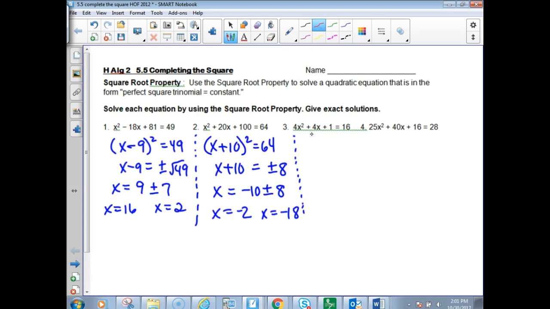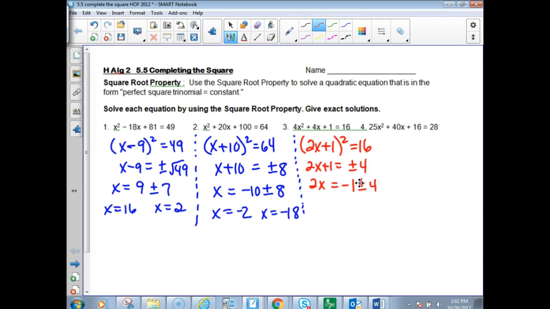Okay, we've done the square root property before. So now this one is a perfect square trinomial. It factors to (x plus 1) quantity squared. And then we take the square root. Square root of 16 is 4, so we got plus or minus 4. Next, we subtract 1.